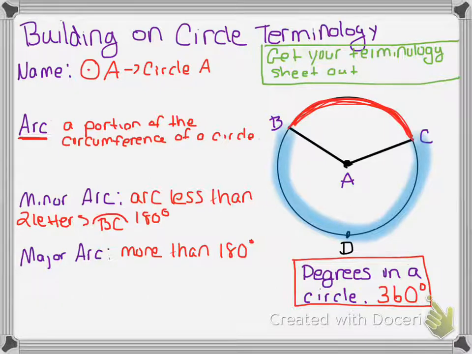So to fix that, we always use 3 letters to name a major arc. In this case, we would name it arc BDC. Think of that middle letter as a detour. You're telling yourself that we start at B, we go around to D, and then we go to C. Okay, so that's a minor versus a major arc.